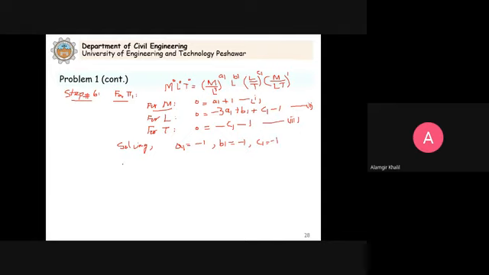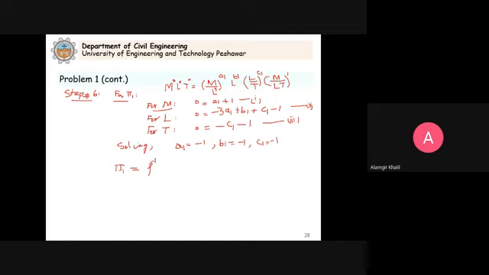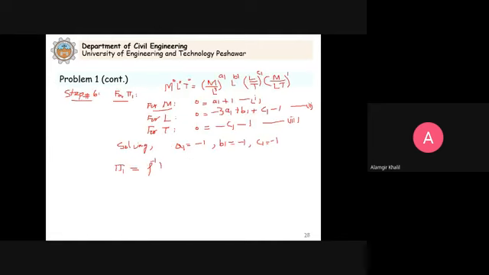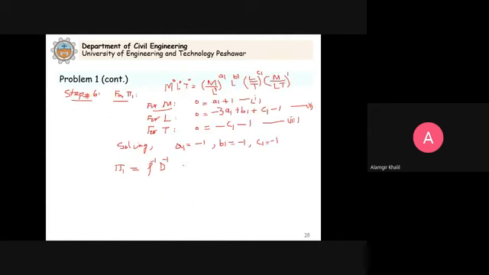Now we put these values in. We already know pi 1 is equal to rho, and a1 is minus 1, so rho^-1. Next we have d, power b1, which is minus 1. Next we have v, velocity, power c1, which is minus 1. And we have mu, power 1. So this can be written as mu divided by rho d v.